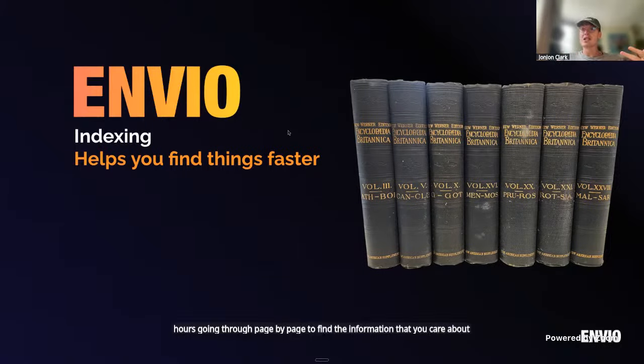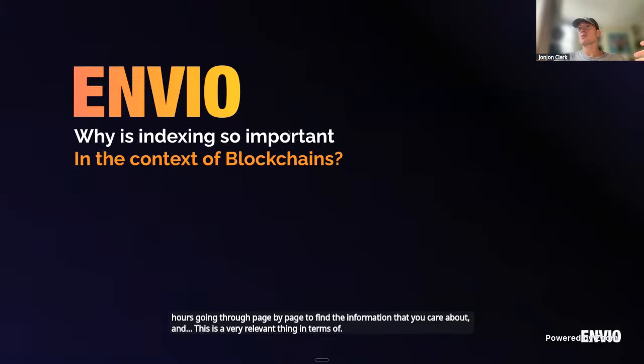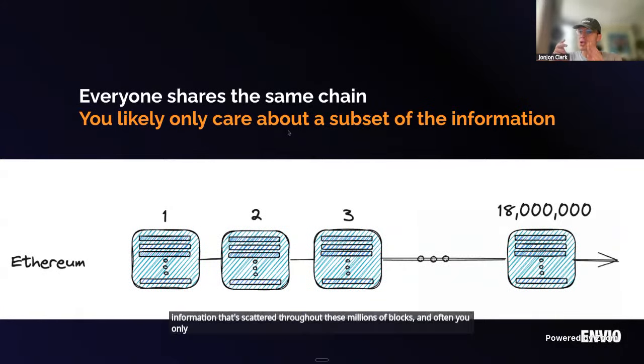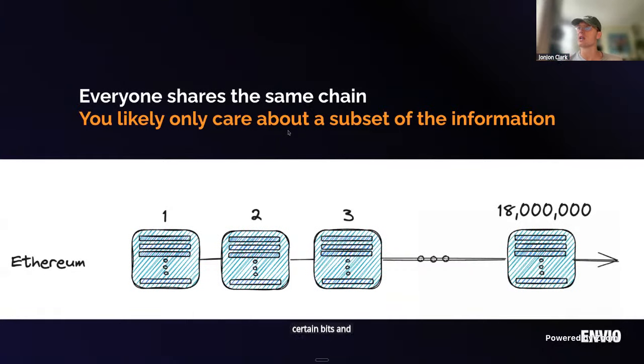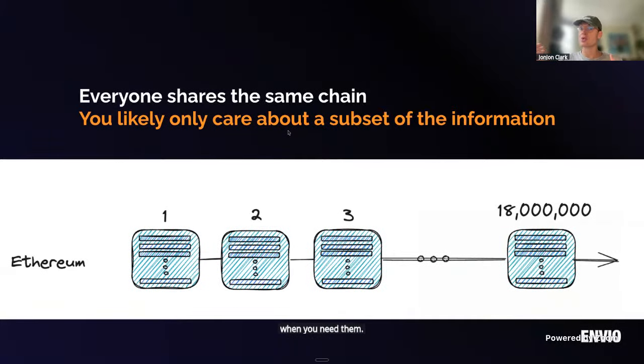This is very relevant in terms of blockchains, because in blockchains you have millions of blocks and information that's scattered throughout them, and often you only care about certain bits and pieces of that information. Indexing is the process that helps you surface those pieces of information you actually care about, so that when you need them, it's quick to retrieve them and show them to a user.